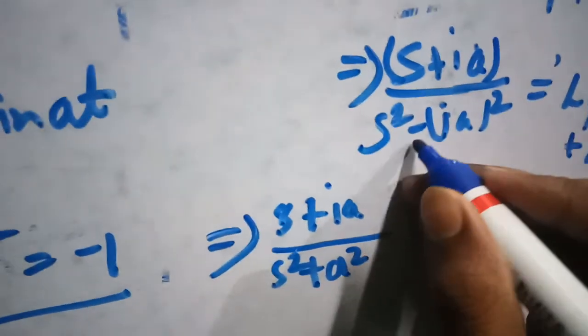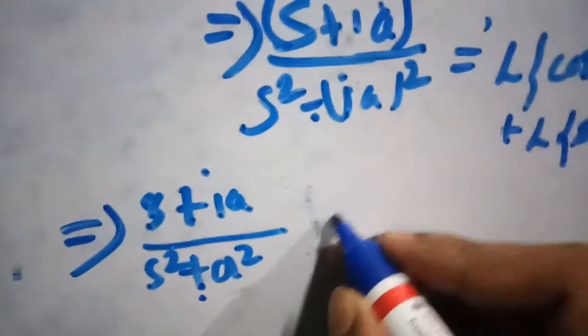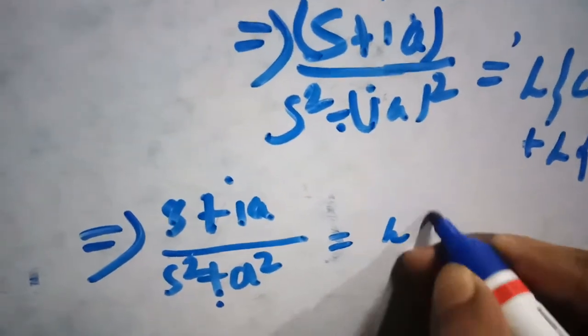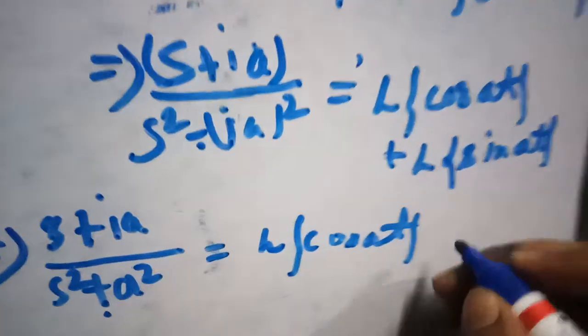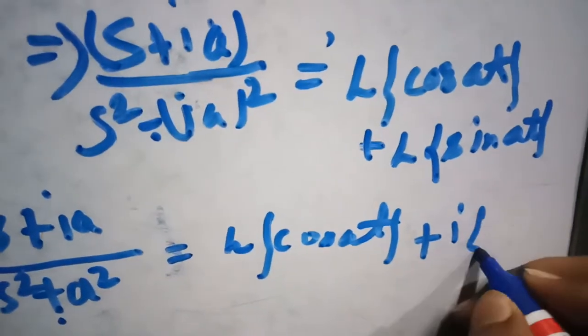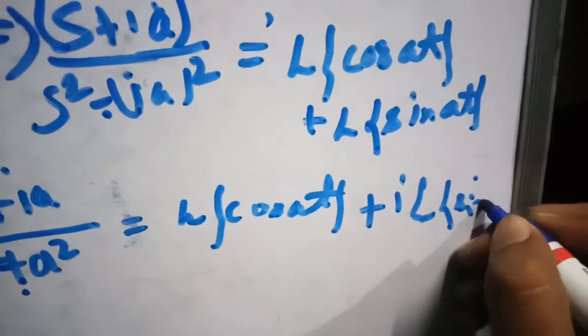So putting minus 1 here, it becomes plus. So s square plus a square. And the right side is cos at plus i Laplace of sin at.